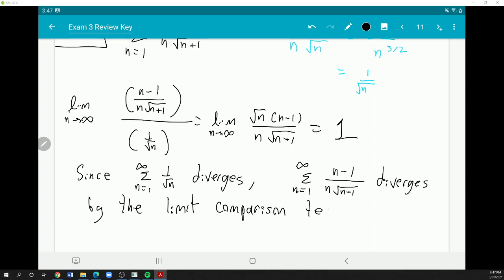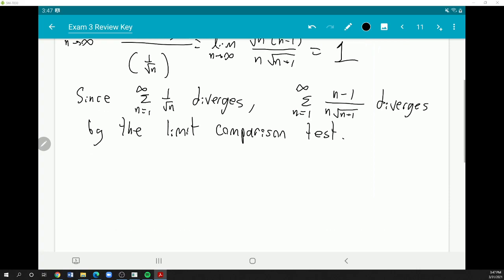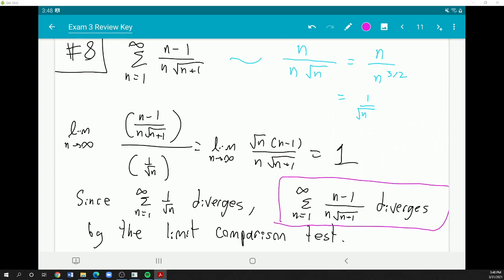So that's part A. It diverges. The important thing for ones like these is you kind of have to know if it converges or not just by looking at it, because you have to know what to compare it to. Here I said, okay, this looks really like 1 over root n, and I know that diverges. So that's what I'm going to compare it to.